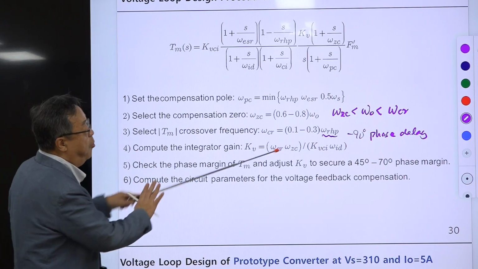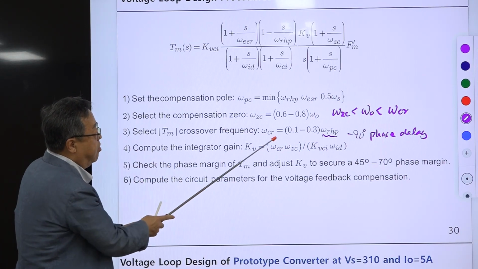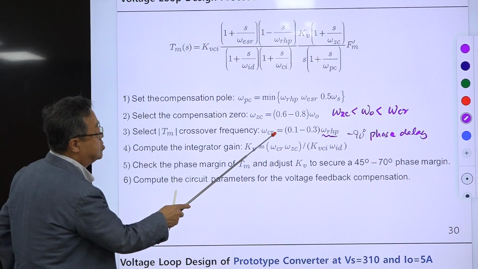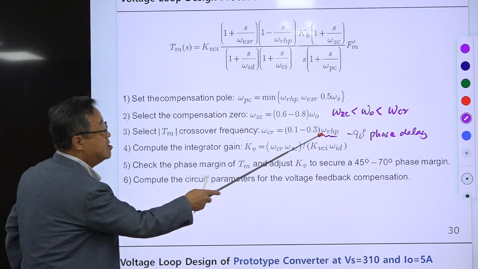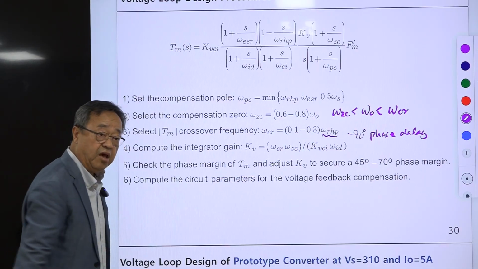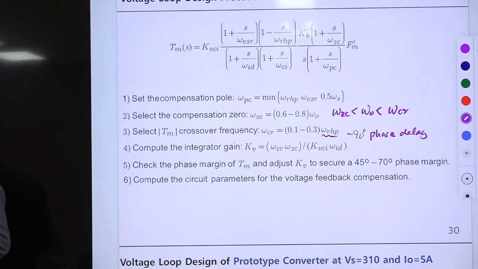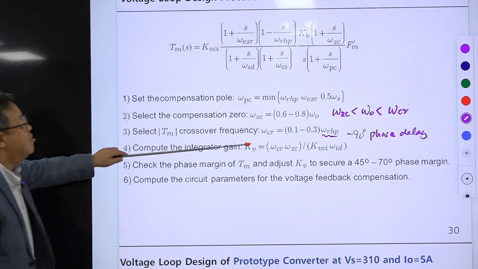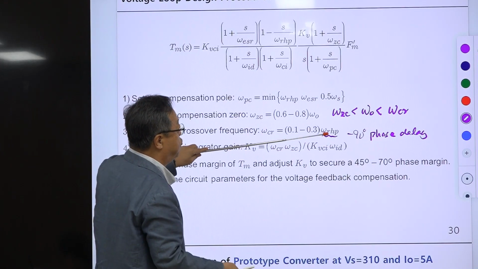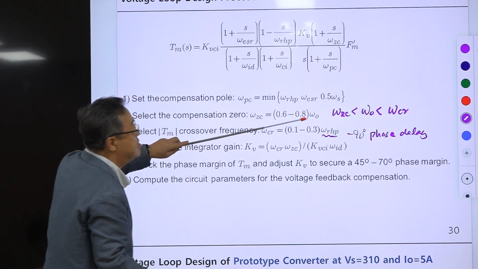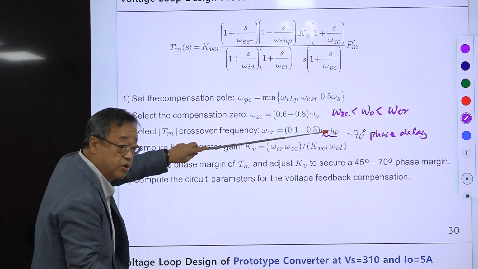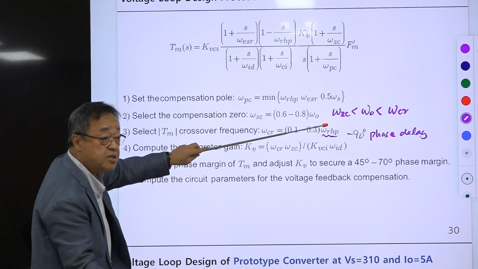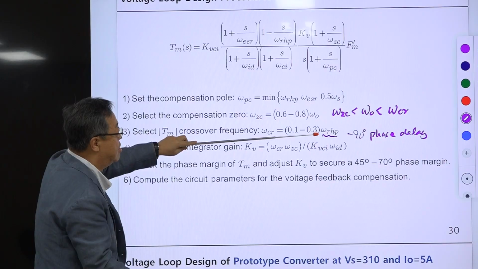So you should avoid this by placing this loop gain crossover frequency well below this frequency. Otherwise, this minus 90 phase delay will destabilize your converter. So to avoid that situation, this comes earlier, well below this frequency. A good number is from 10% to 30% of this number. This is very good practice. Okay, so this is my recommendation.